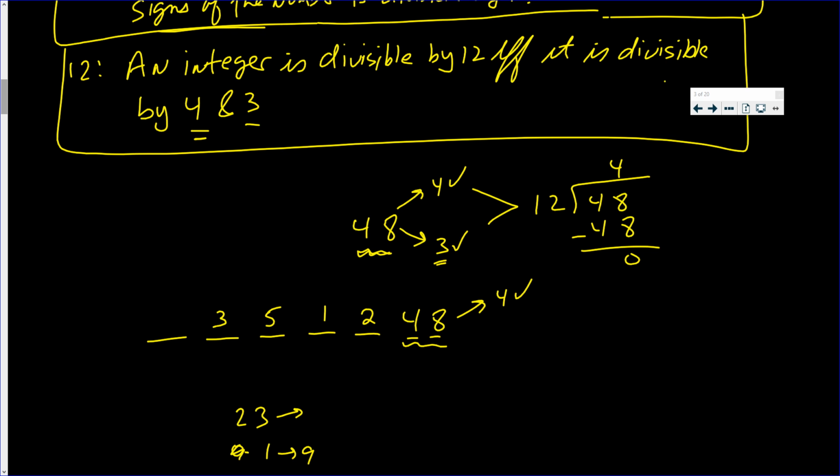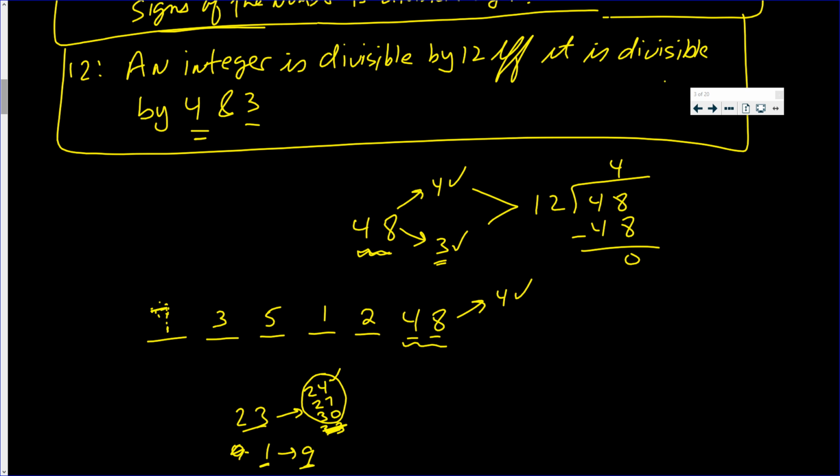Well, 23, the next multiple of 3 is 24, 27, 30, 33. Okay? The most I can add is 9, because that's the largest digit that can go there. And 23 plus 9 is 32. So I can't get to 33. And I can add 1, and 23 plus 1 is 24.